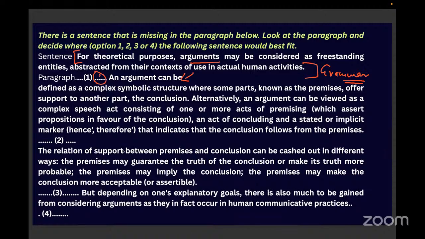The relation of support between premise and conclusion. अगर मैं ये sentence को यहाँ डालता हूँ second में और उसके बाद ये पढ़ता हूँ तो सेंस नहीं बन रहा है यार. या तो मैं अगर इस सेंटेंस के लास्ट पार्ट के बाद अगर ये पढ़ूं तो, or implicit marker, hence, therefore, that indicates that the conclusion follows from the premises. For theoretical purposes, arguments may be considered as freestanding entities.